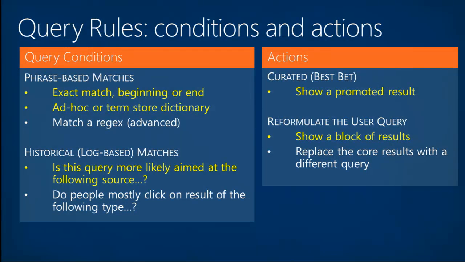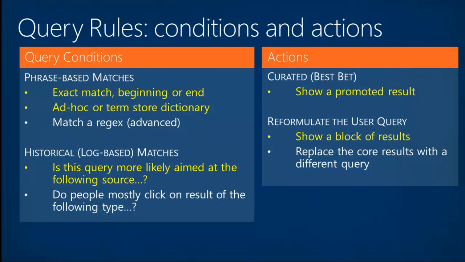You can also just type in a few terms, like Joninge did in the previous example, or you can actually build a dictionary in the term store and use that. And that has the advantage that you can also specify synonyms there and localize the searches if you need to. Finally, for advanced cases, you can use regular expressions, and that's very, very powerful indeed.